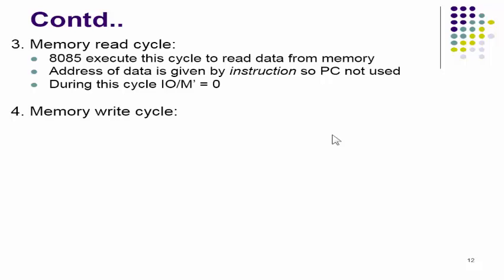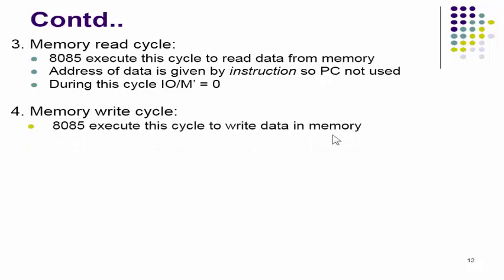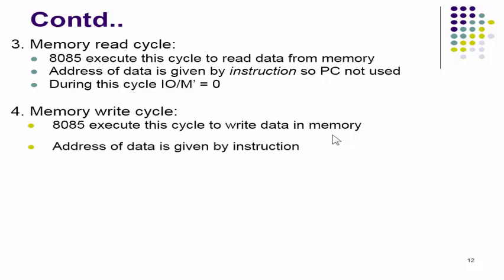Opposite to this is memory write. Suppose the processor wants to store data in the memory. For example, the instruction as I told a few minutes before, STA C100. STA means store accumulator content directly in the memory location C100. Storing means a data writing operation in the memory.